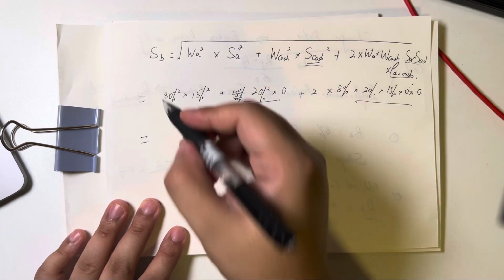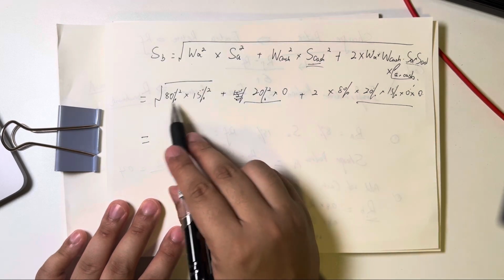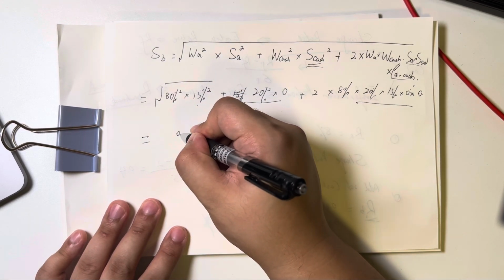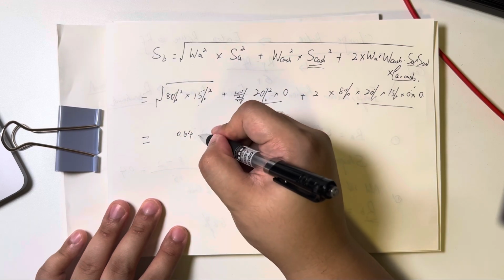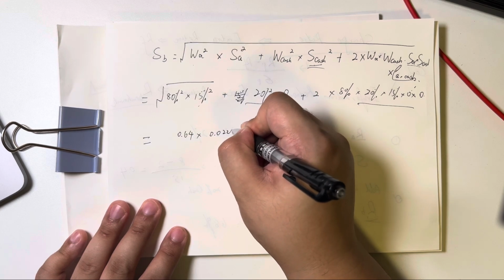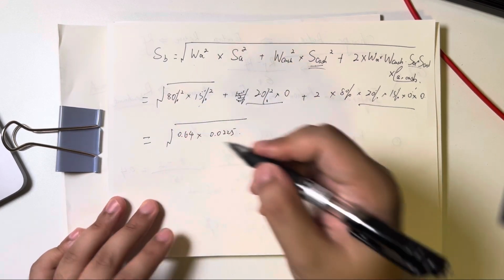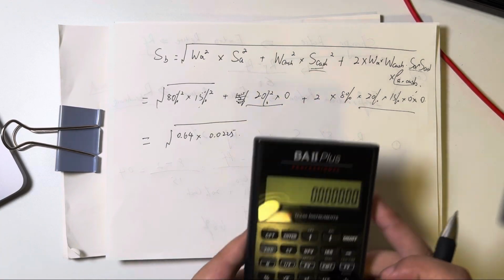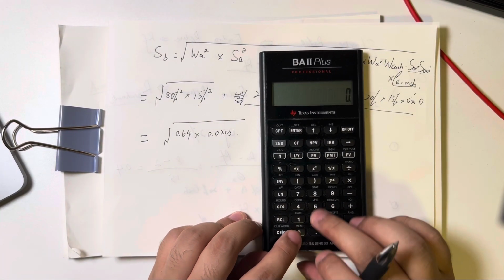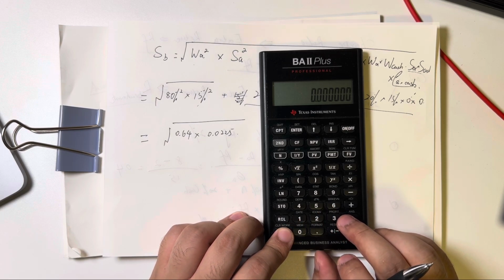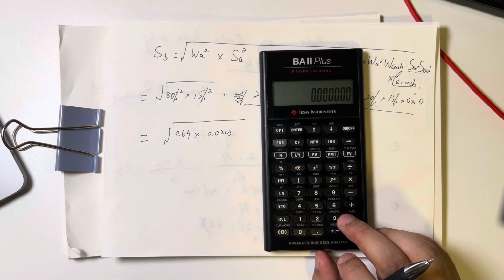So luckily, we got all this canceled out. So we got something like this. Okay, so basically, 0.64. Multiply that by 0.0225. Okay, let's quickly do that. I think we can quickly get around by using a multiply that. Yeah, let's quickly do something like this.